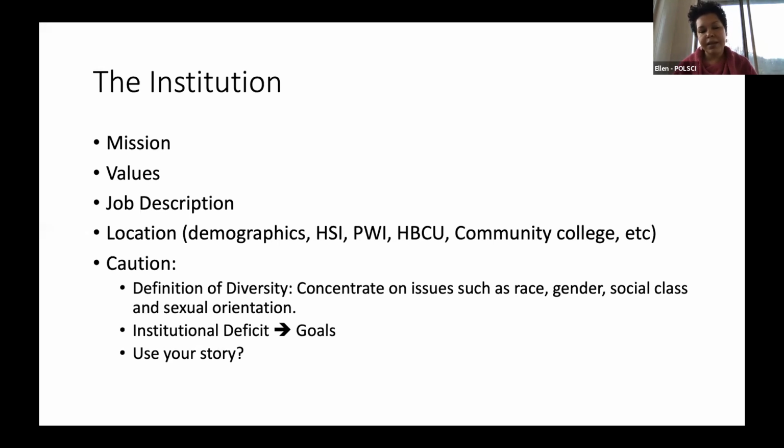And it is controversial whether or not you should use your story. Again, you can be strategic here and see if it is the case for each institution, because sometimes you might want to share how you engaged in ways to get to know your students, or how you are part of an underrepresented group and had to navigate obstacles, to share that experience in the classroom.